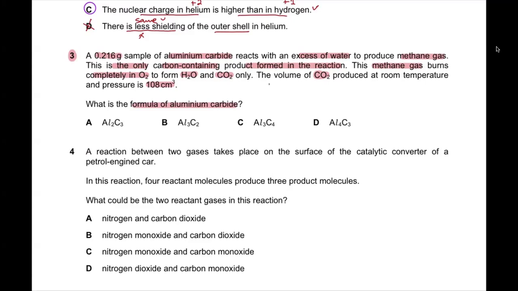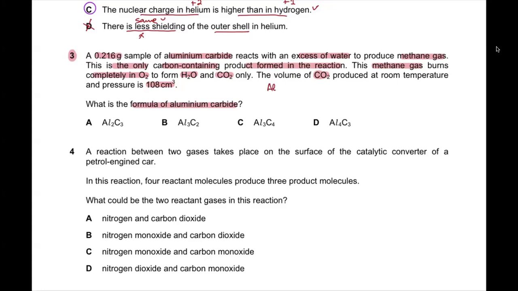We don't know how many carbon and aluminum atoms there are. When they react with excess water, all of the carbon is converted into methane, right? And that methane is producing carbon dioxide, and the carbon dioxide is 108 cm cubed.